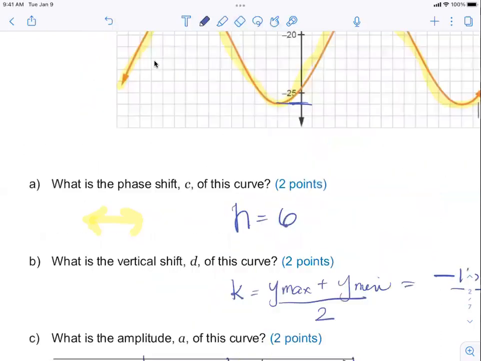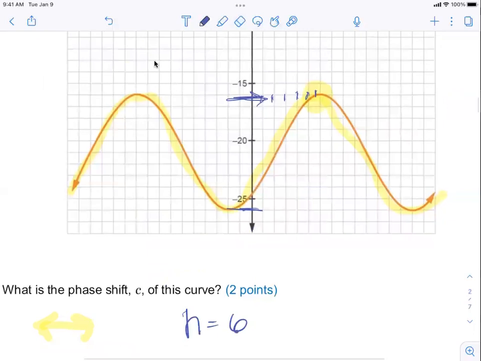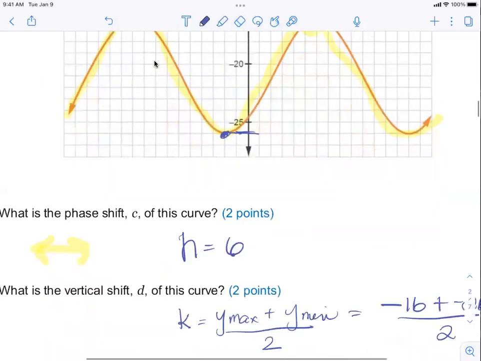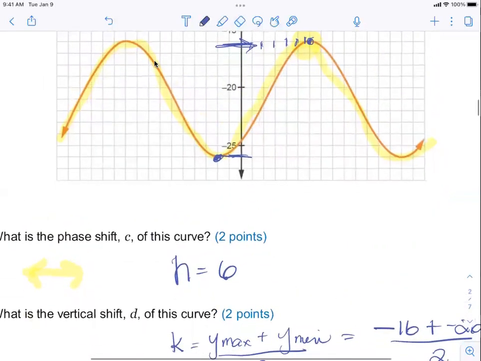And just to remind you, x max and x min. So here's a maximum, here's the minimum. We're going to use that as kind of one, this distance, that's what I'm trying to say. And with the 2 in front of it, it's actually going to double it and give you an entire wavelength.